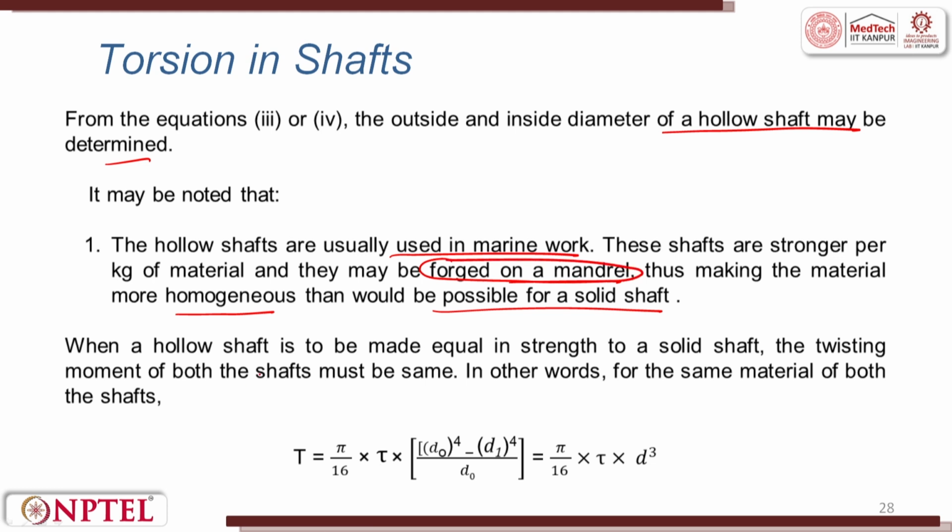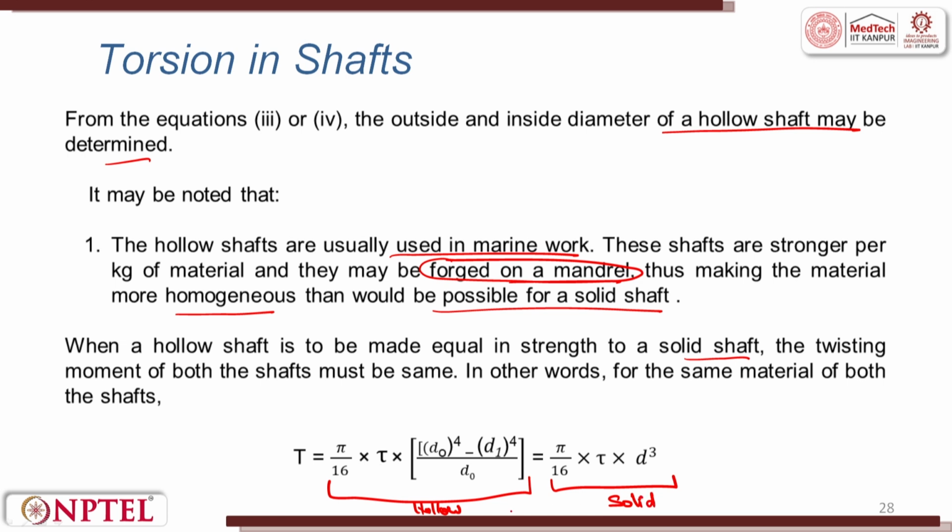When a hollow shaft is to be made equal in strength to a solid shaft, the twisting moment of both the shafts must be the same. In other words, for the same material of both the shafts, we are equating for the hollow shaft and for the solid shaft. So this is what I have for the hollow shaft, and this is what I have for the solid shaft.